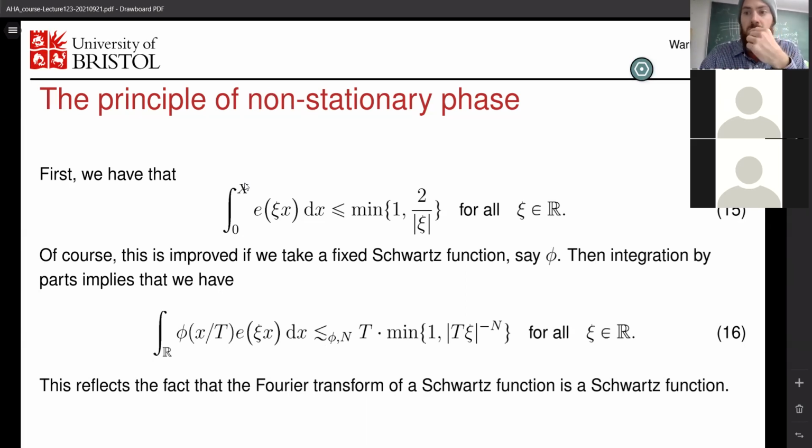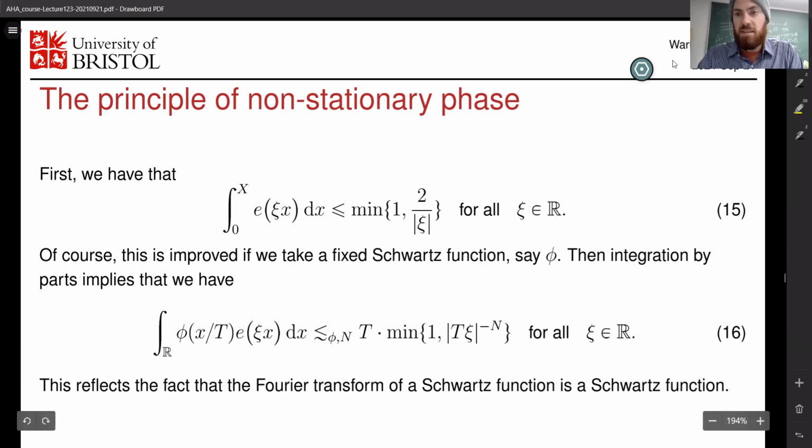And that's why we chose to do so before, and we saw how this was useful for us. Just to recall that, maybe a little bit more precise or give a slightly different take on it. Remember, phi here, which is not our test function that we took at the beginning, is just some Schwartz function. Integration by parts applied to a Schwartz function tells you that the Fourier transform of a Schwartz function is also Schwartz.